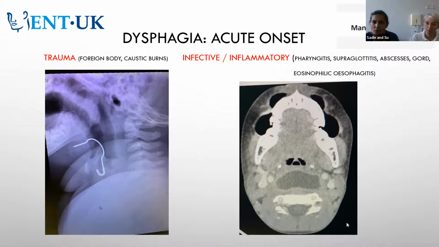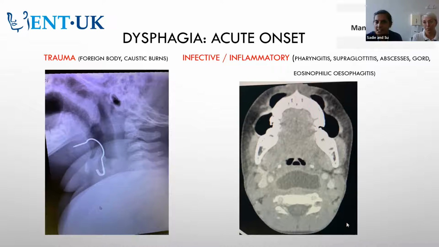In all of my 20 years, I've seen literally anything and everything in the aerodigestive tract. So always think about foreign bodies, or caustic burns or any toxic burns, self-inflicted or not, which usually cause an acute onset of edema and swelling, and unfortunately longer term problems, possibly strictures.